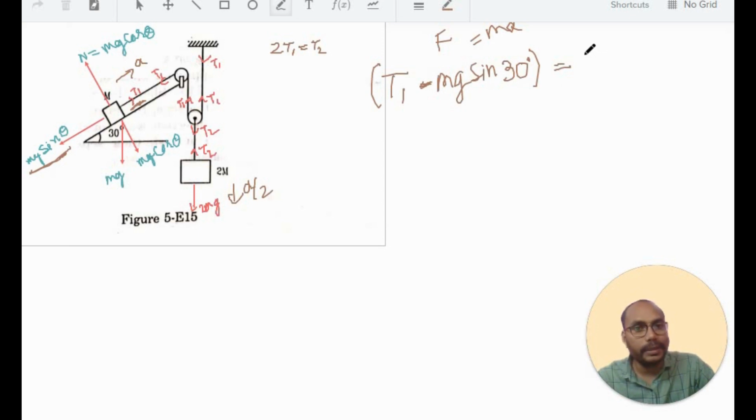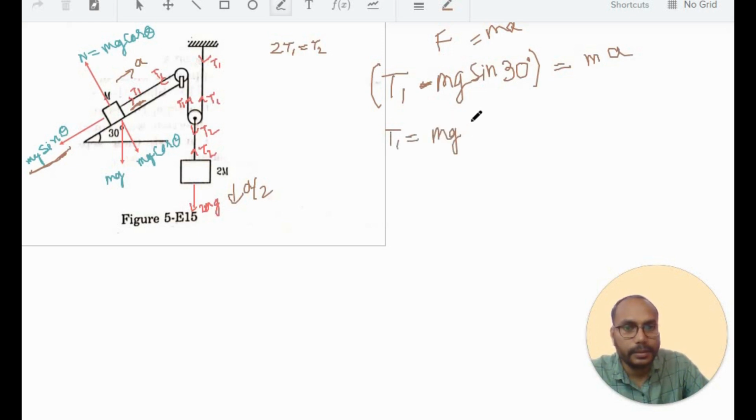So we can write this is equal to ma, where a is the acceleration. And we can write T1 equal to mg sin 30 degrees plus ma. This is our first equation.